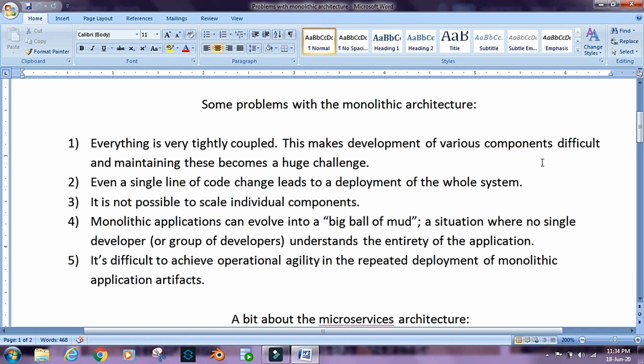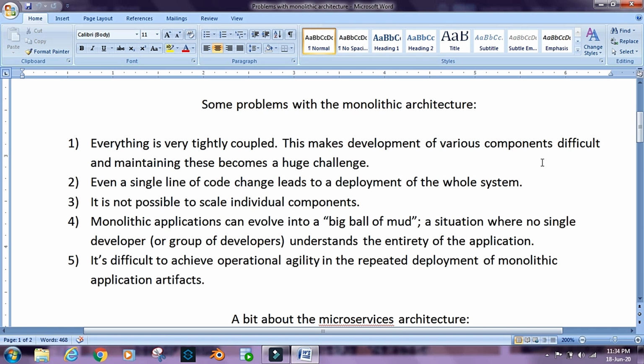The application is a huge chunk that acts as a single unit, and that has to be deployed every time a small change is made in any part of the application, right? So those are some of the problems with the monolithic architecture.